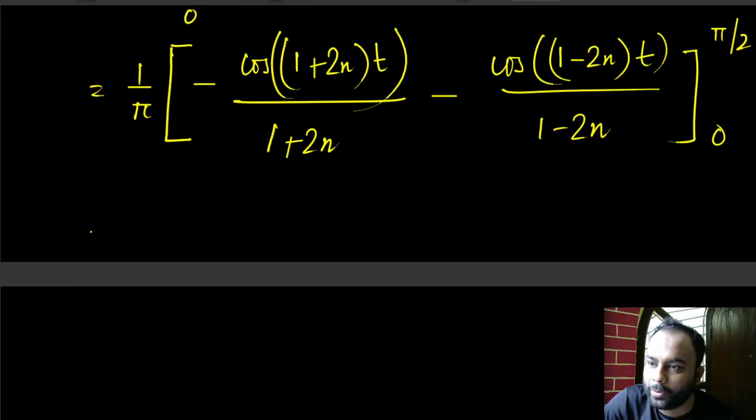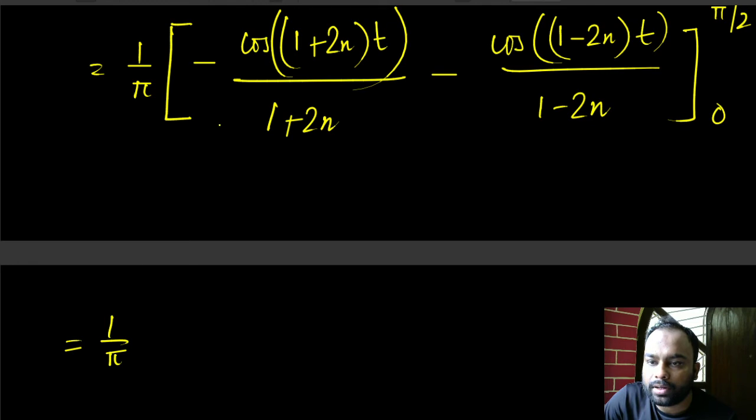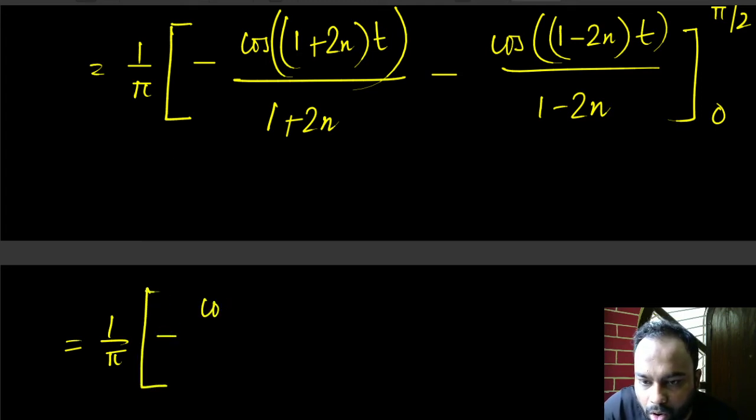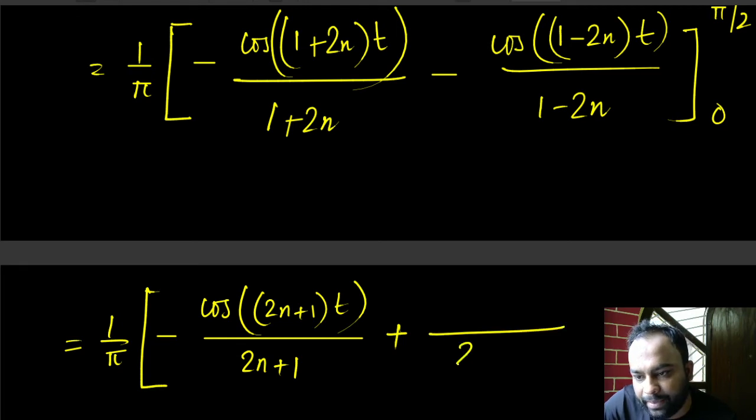So again, this class is going to be a very long derivation class, right? Calculating too many things. Now before we put the limits, let's take care of a few things. So I have minus cos 2n plus 1 t divided by 2n plus 1, and here this minus sign can be taken inside on the denominator, and it becomes 2n minus 1 instead of 1 minus 2n.